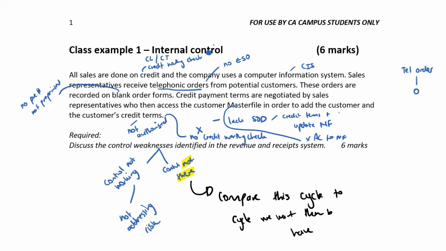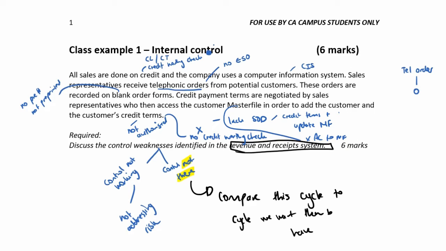So you're looking for the control weaknesses in the revenue and receipt cycle. So you've got to now think, what is the revenue and receipt cycle? Now guys, you can see, it's not the whole cycle that's been tested here. They literally are talking about receiving an order and then updating the master file.